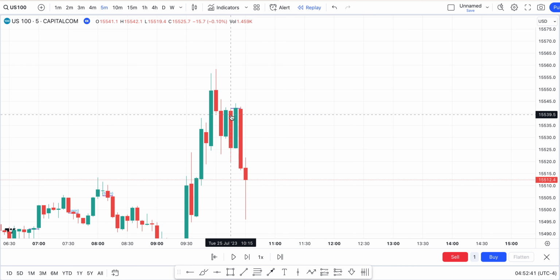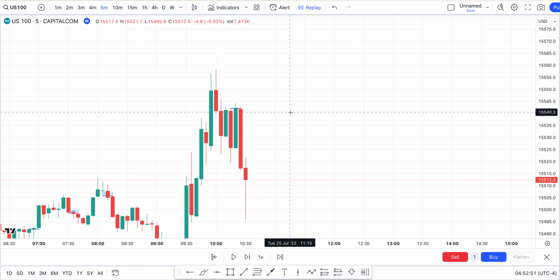This high comes in at 15542.1. This high comes in at 15542.8. 0.7 point difference.